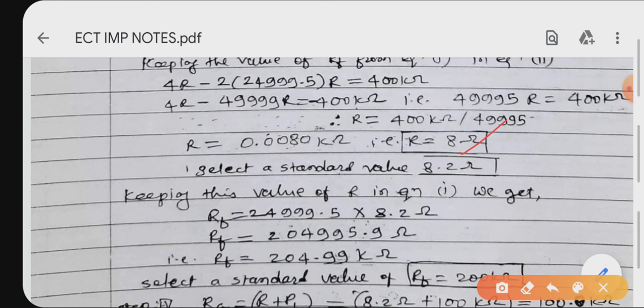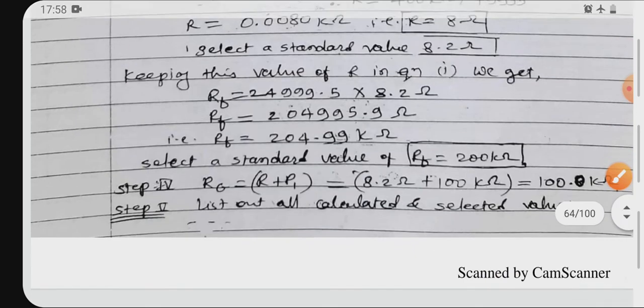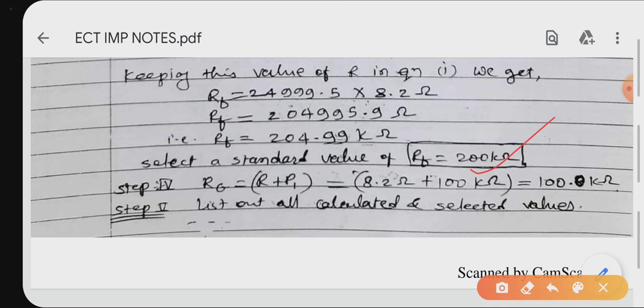You can select the standard value from the datasheet as 8.2 kilo ohm, and the same value which you have selected as a standard value should be used in the next calculations, keep in mind. Keeping that value in either equation 1 or 2, you will find the value of RF as 204.99 kilo ohm. So you can select a standard value of resistor from the datasheet as 200 kilo ohm.